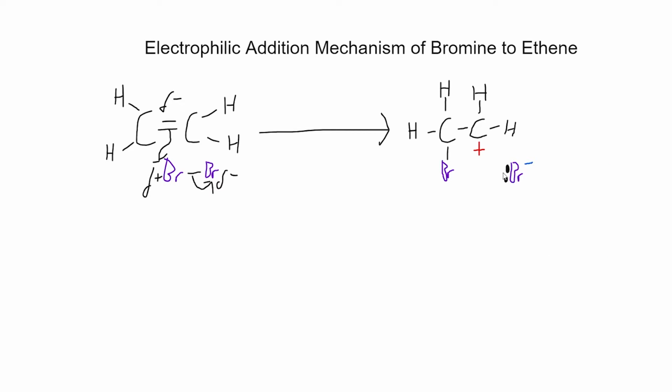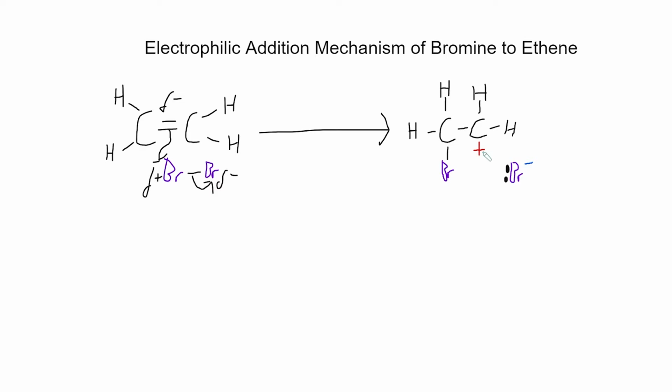As shown by the two dots, we can see that there is a negative bromine ion with a lone pair of electrons and also a positively charged carbon atom missing a bond. Almost needless to say, they are attracted to each other.